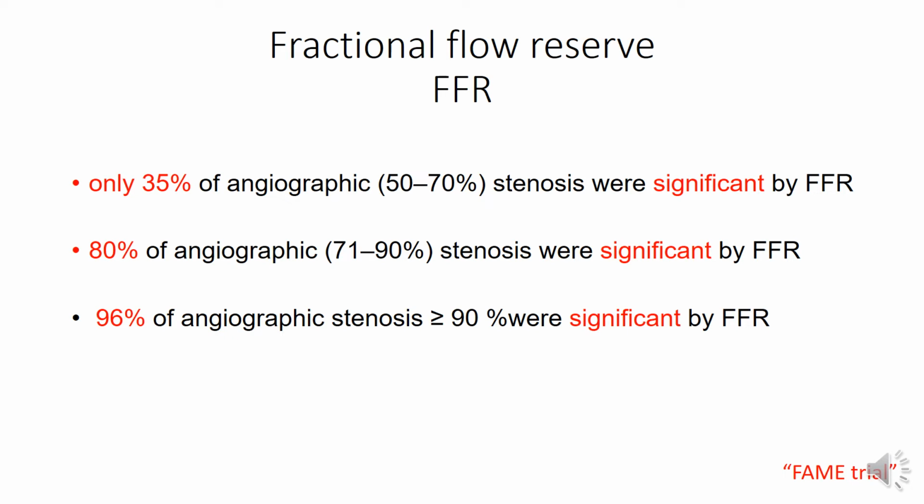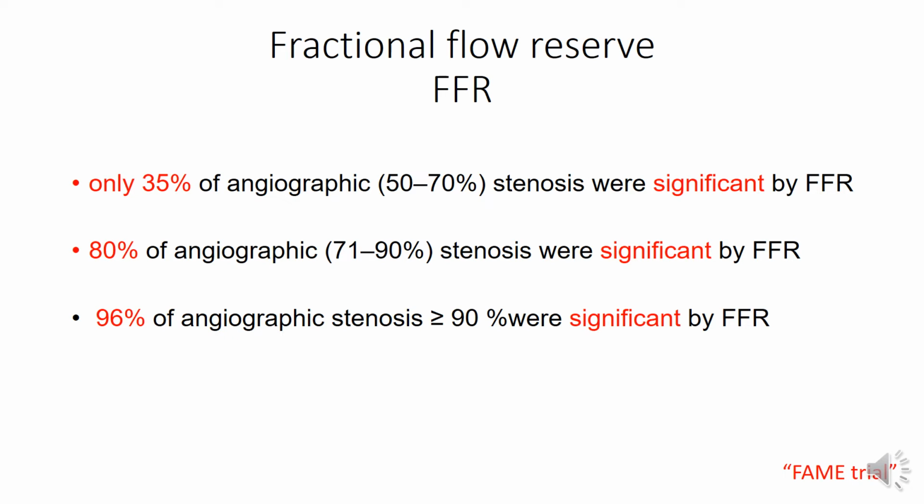For a lesion of 50 to 70% by angiography, which is a moderate lesion, only 35% become significant when we measure FFR. On the other hand, a lesion of more than 70 to 90% by angiography is significant by FFR in 80% of cases.